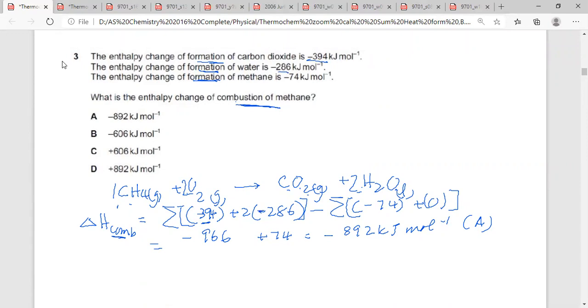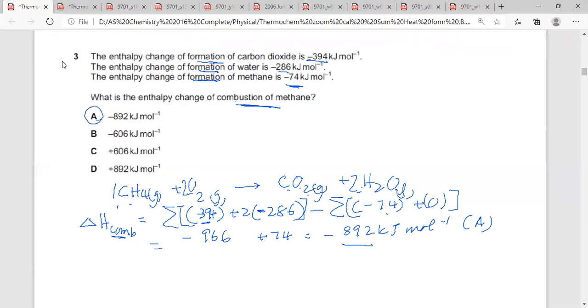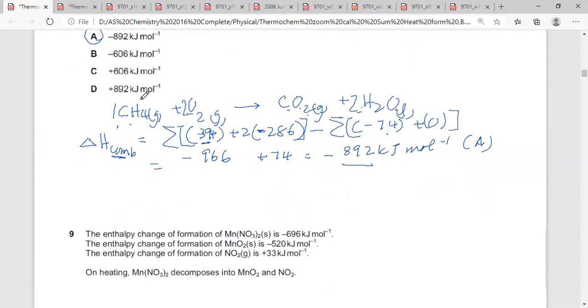Minus, of course, the reactants, which is your CH4, methane, -74, and oxygen, of course, 0 again. So you do your maths and get this answer, which is -890. This is an objective question. If you do this in your paper 2, you get 4 marks. Do it here, you get 1 mark only.